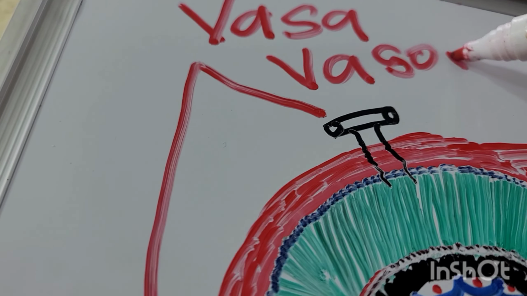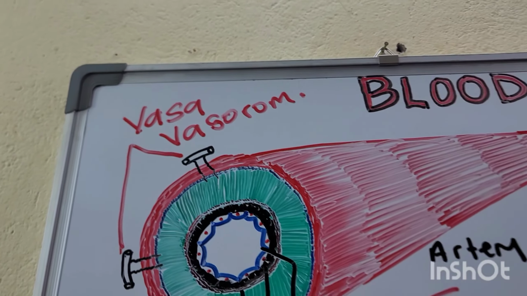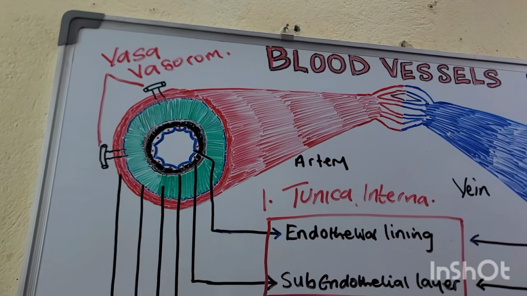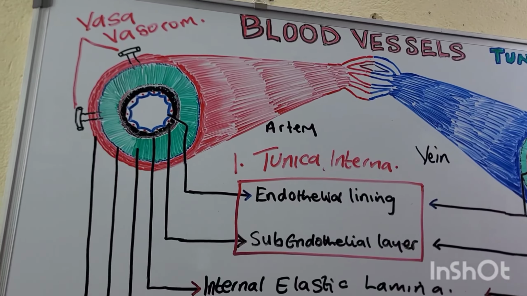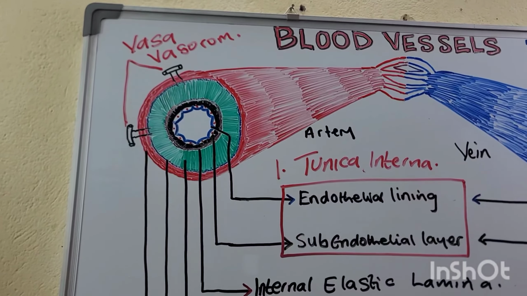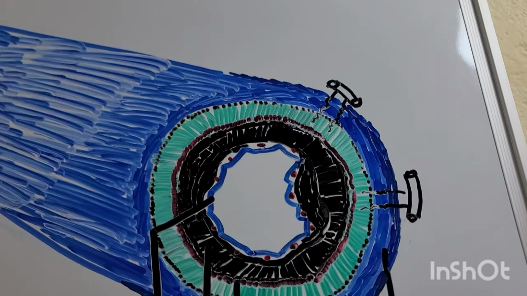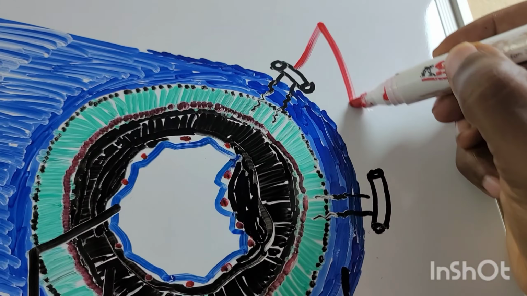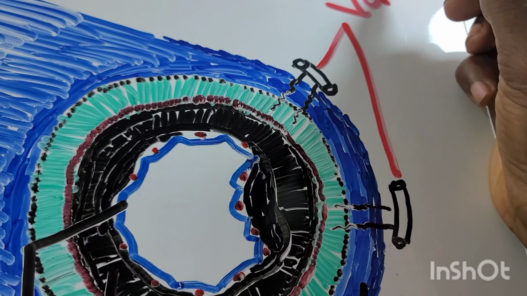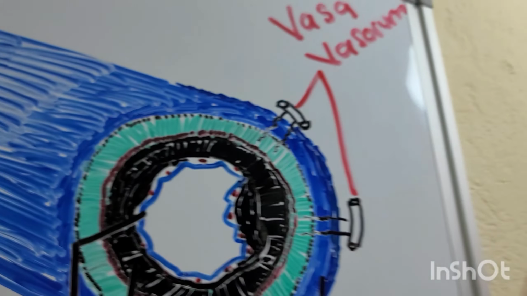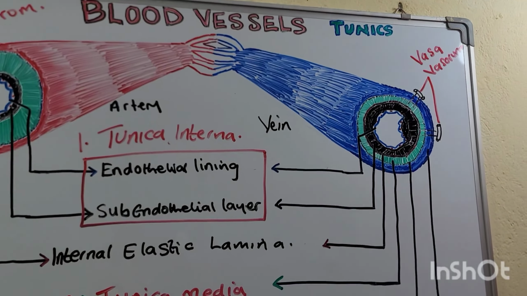Those are the blood vessels which supply the tunica externa and also some little outside parts of the smooth muscle layer, which is the tunica media. The same applies to the veins. These are going to be our vasa vasorum. Such another beautiful thing.